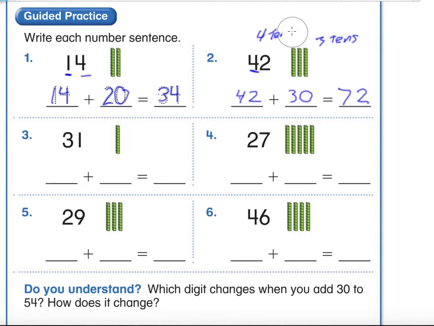Or if you're one of the friends that really like that other way of writing these problems down, you can do that too. We can absolutely do that. We could even write it top and bottom and say 42 plus 30.